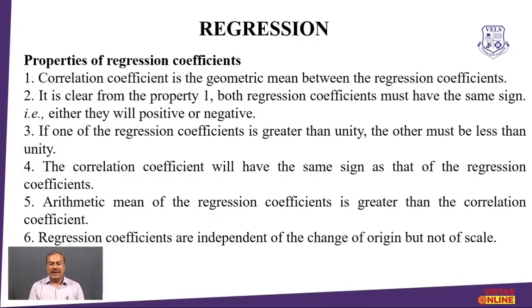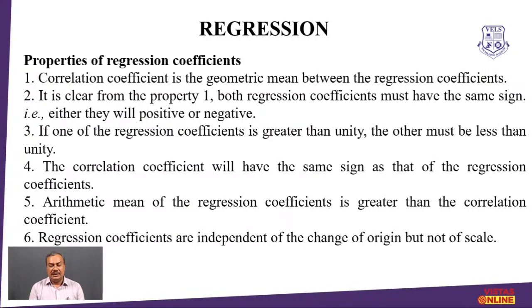If one of the regression coefficients is greater than unity, then the other must be less than unity. For example, if bxy is greater than 1, automatically byx is less than 1. The next, the arithmetic mean of the regression coefficients is greater than the correlation coefficient.